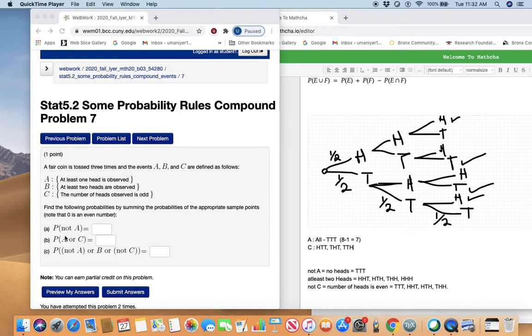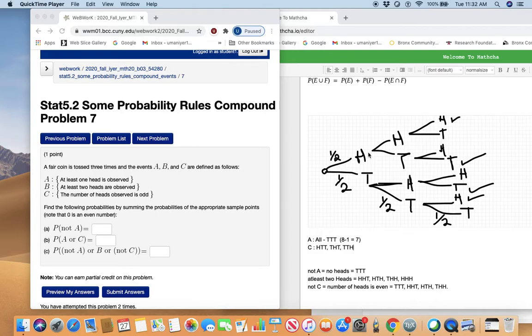Okay. Probability of not A. A, at least one head is observed. So here is a drawing. You start your experiment here. First flip, you have 2 options, head, tail, with probability of half each, 50%.